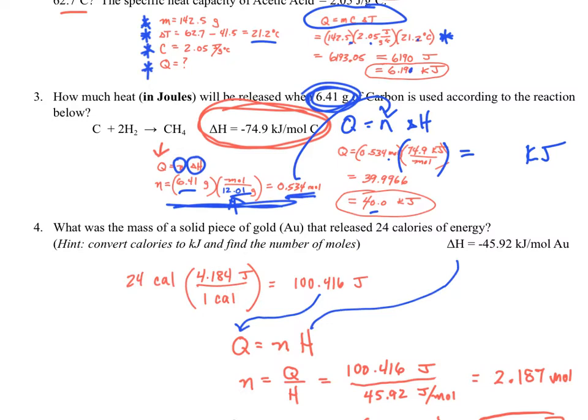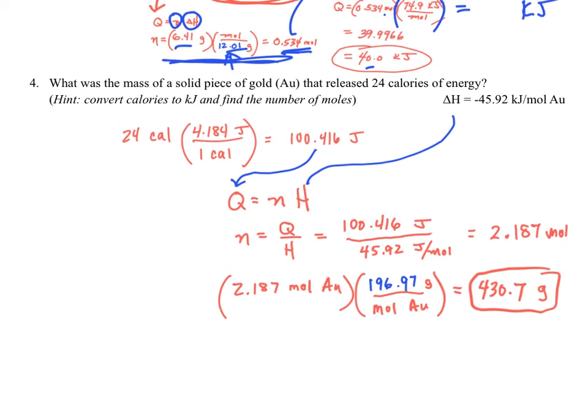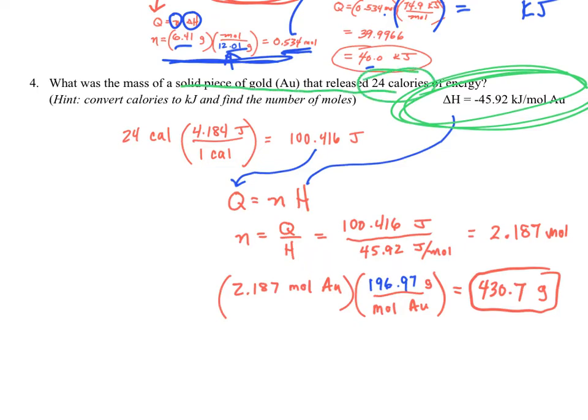All right, question number 4. It's a little tricky because it has multiple questions built into one. Now, we have these delta H values that are given in kilojoules per mole, and they're telling us that the mass of gold gives off 24 calories.